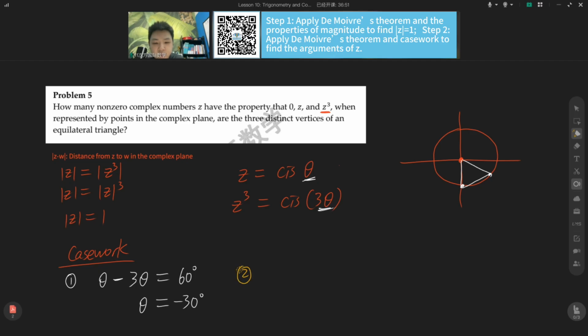And for the second case, of course, theta minus 3 theta, it could be negative 60 as well. 如果两个角是60度这个差的话，也是可以的。So theta is equal to 30.